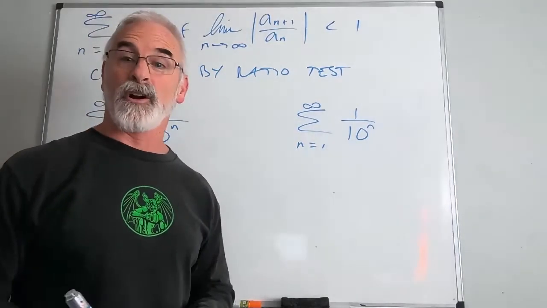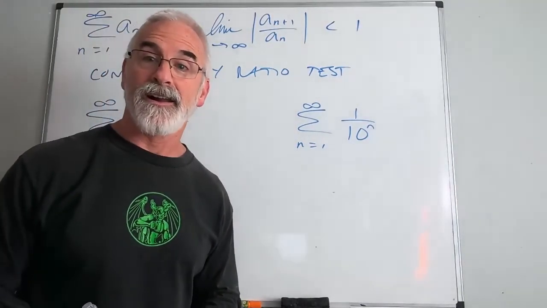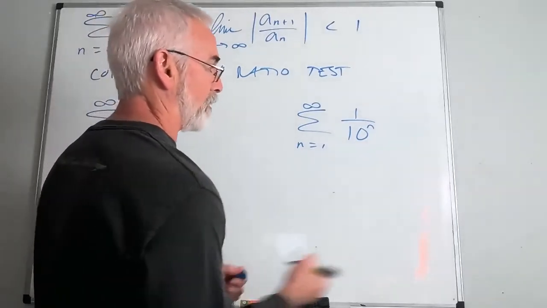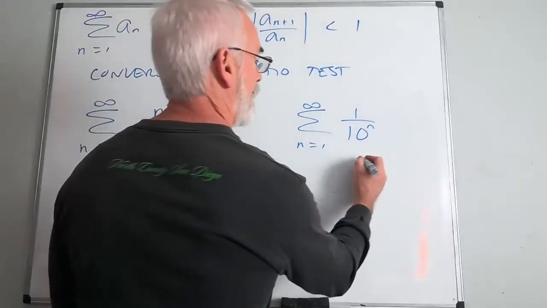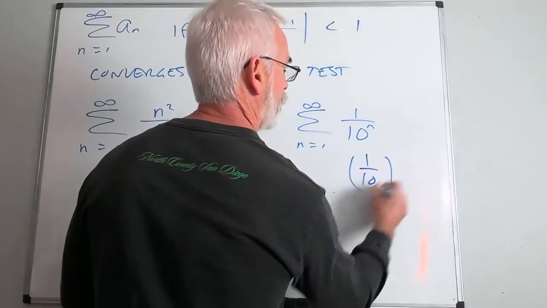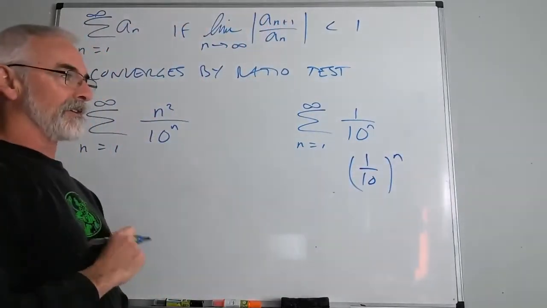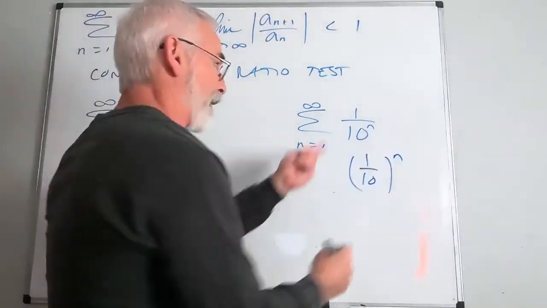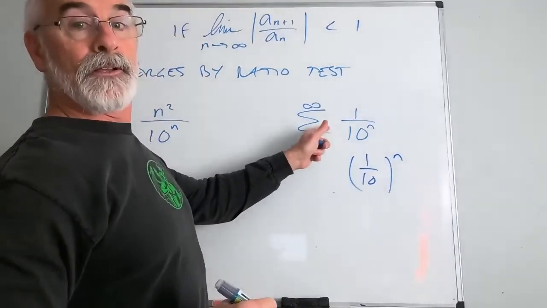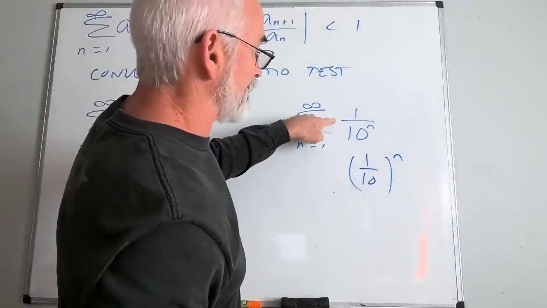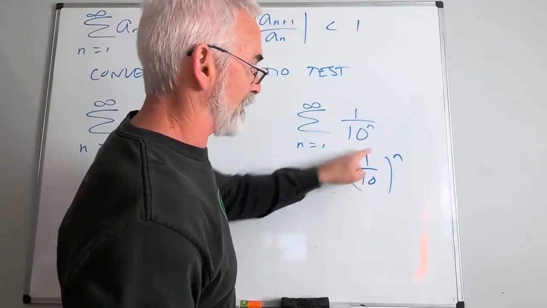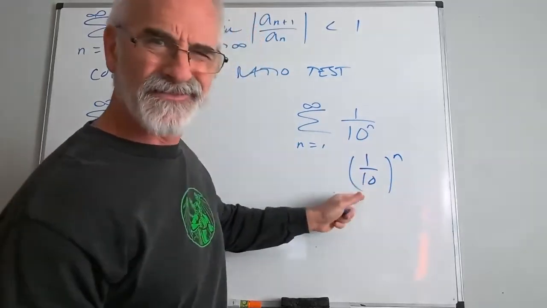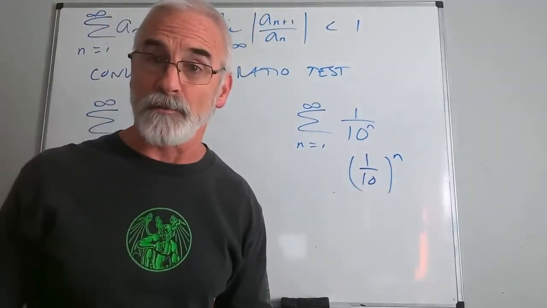You're right. What's the r? 1/10. Yeah. How about if I rewrote it like that, would that be more obvious? Oh yeah, duh. r to the nth power. This is geometric. Most of us would write this. This is considered more simple than this, although this is probably more useful because the r is a little more obvious if I write it in that form.